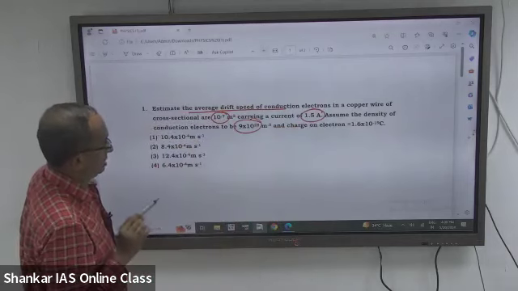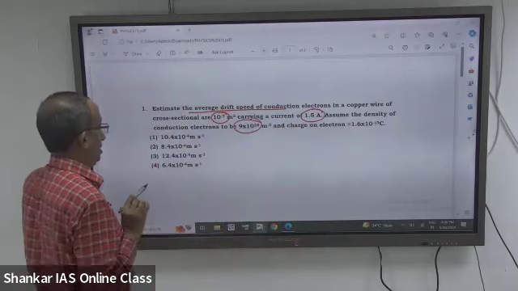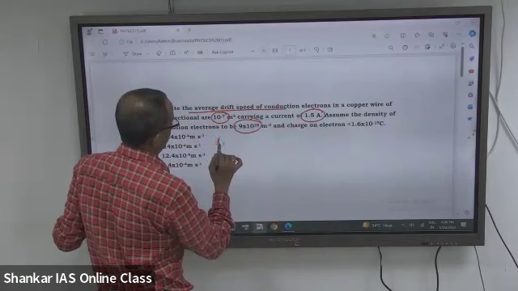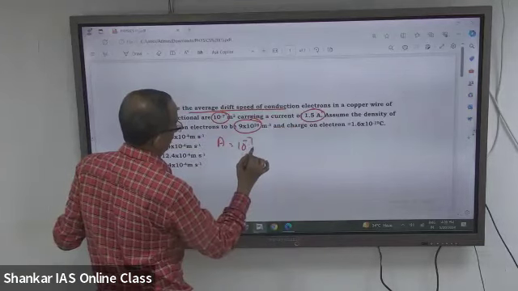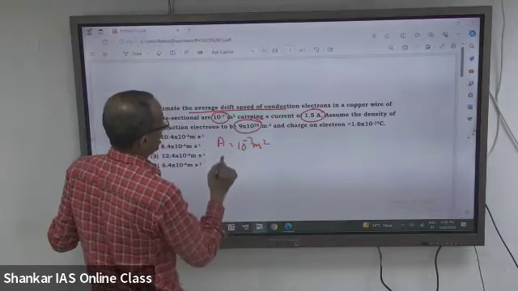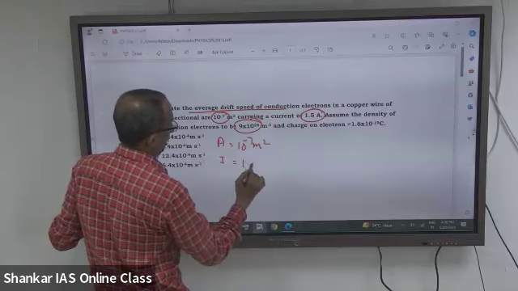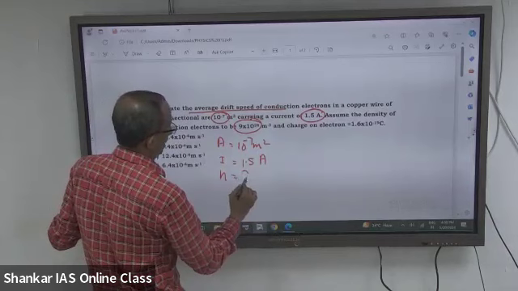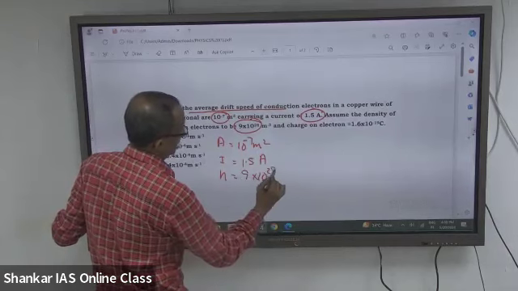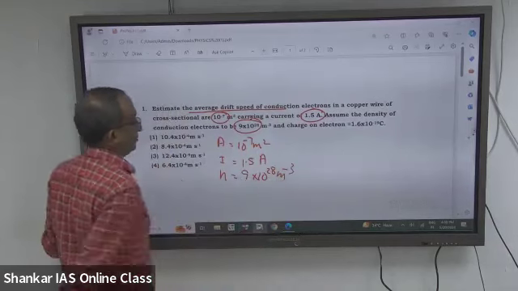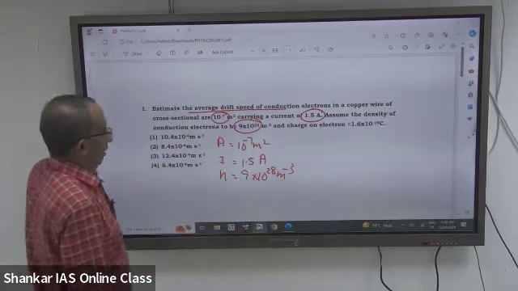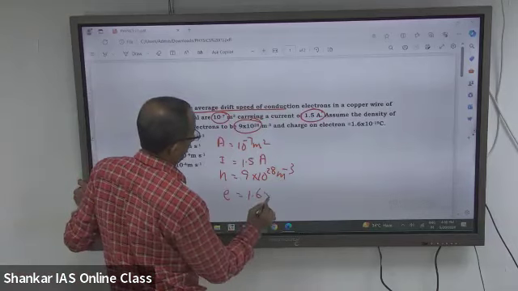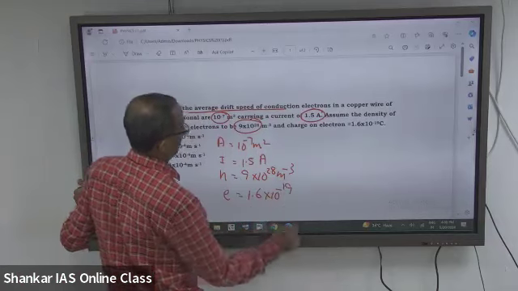Charge on electron is 1.6 into 10 raised to minus 19. So A equals 10 raised to minus 7 meters squared, I equals 1.5 ampere, n equals 9 into 10 raised to 28 meter raised to minus 3, and the charge of electron e equals 1.6 into 10 raised to minus 19.